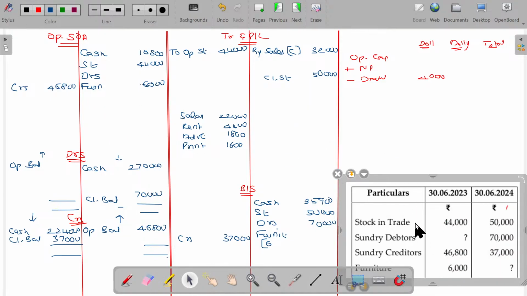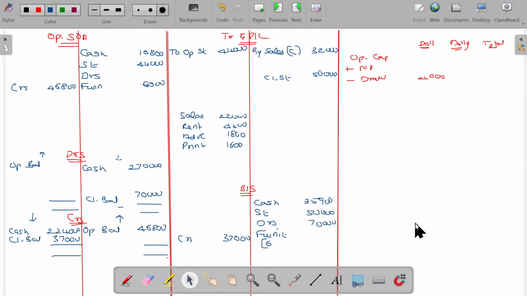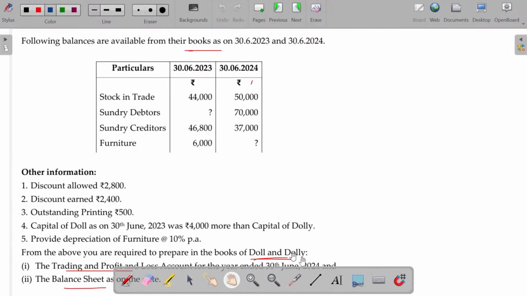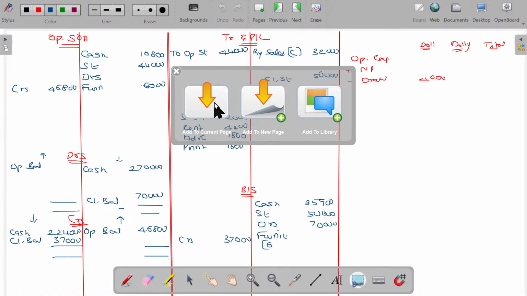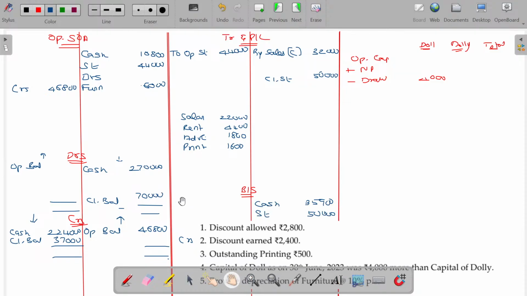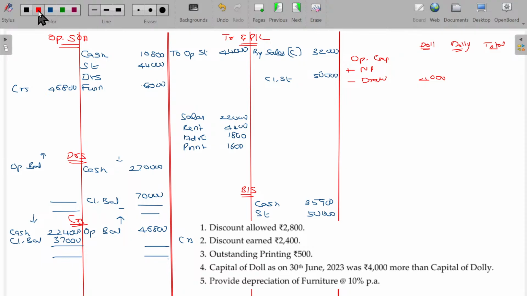With that, the assets and liabilities details in the opening and closing balance sheets were incorporated. We have been given around 5 adjustments here. Let me try to finish up all the 5 adjustments. Discount allowed is an expense, debit in the P&L account 2,800.